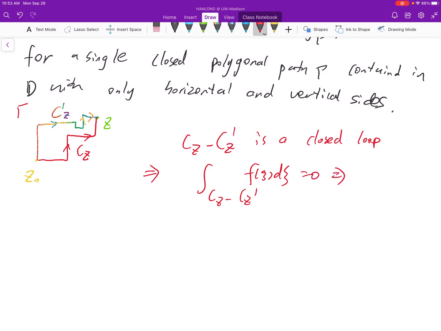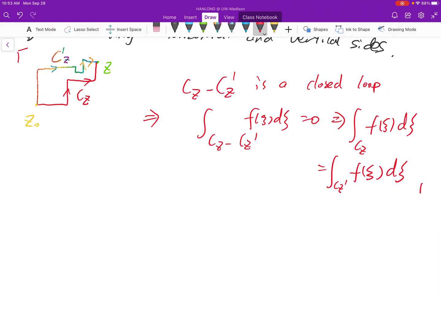And if you separate two terms, you conclude the integration is the same as soon as you fix the ending point z. It's independent of the choice of the path.